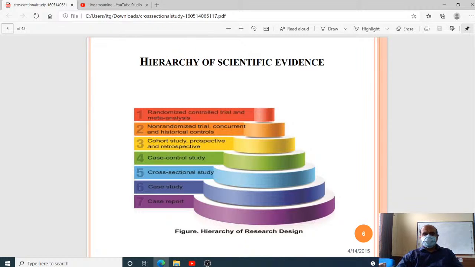Now coming to the hierarchy of scientific evidence, as I was telling earlier, you start from the base. If a new disease or new factor is discovered, or a new disease comes into play in the world, the first thing that comes up is case reports.